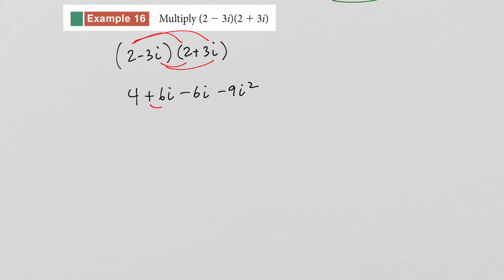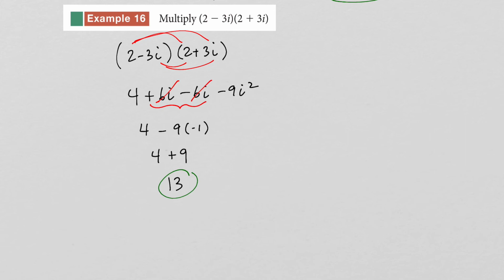So what's significant about this is positive 6i and negative 6i cancel out. And we end up getting 4 minus 9 times i squared, which is negative 1. And this is 4 plus 9, which is 13. So this is a little bit special.